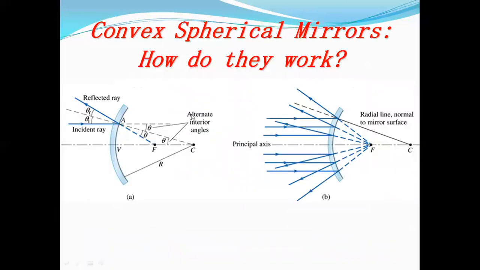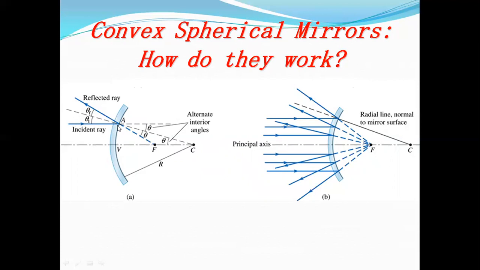And here I also show how convex spherical mirrors work. If you look at the pictures very carefully, then you can clearly understand the image formation of convex spherical mirrors. Here the incident ray is parallel to the principal axis.